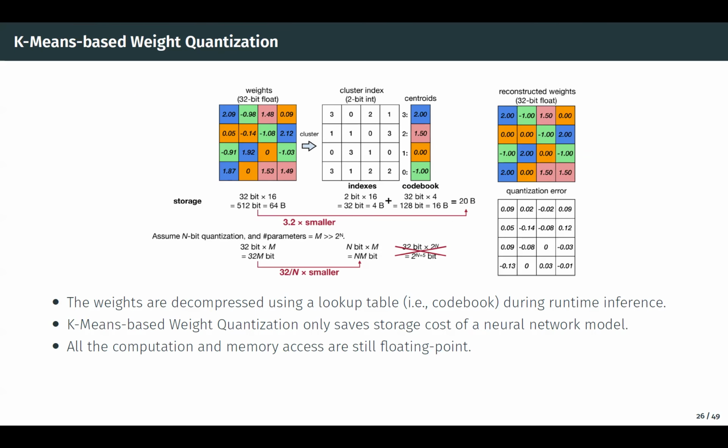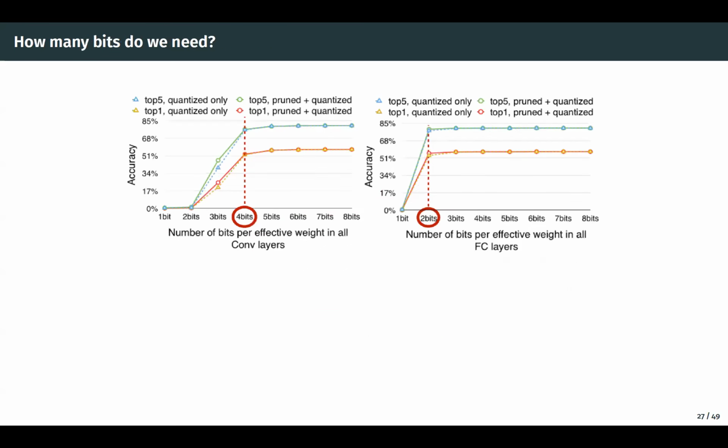So then how do we know how many bits to use for this quantization? This is an experiment from a paper that I will link later. As you can see, the more bits you use, the higher the accuracy you retain. If you start with 1 bit, actually you lose entirely. You break the model. If you give it more bits to represent it, you have better accuracy. And so the challenge is to find the sweet spot.